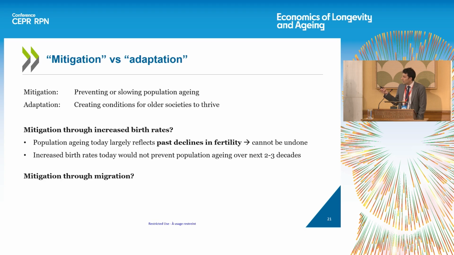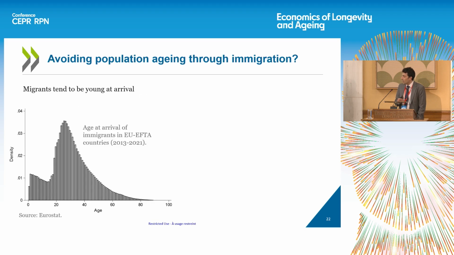So that leaves the question of mitigation through migration. And here too, we try to put some numbers onto this question with a simple simulation exercise. The first thing to acknowledge is that, of course, migrants indeed tend to be young at arrival. Here we are plotting the age distribution of immigrants arriving in EU EFTA countries between 2013 and 2021.